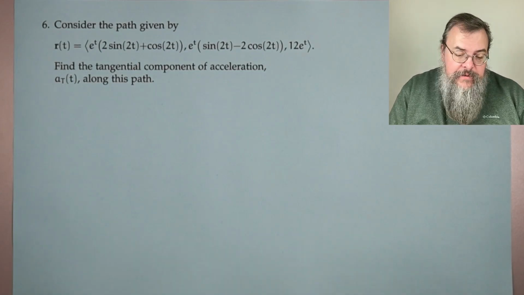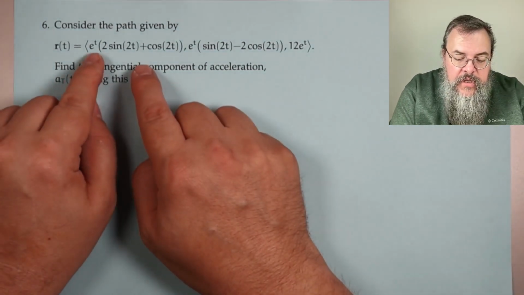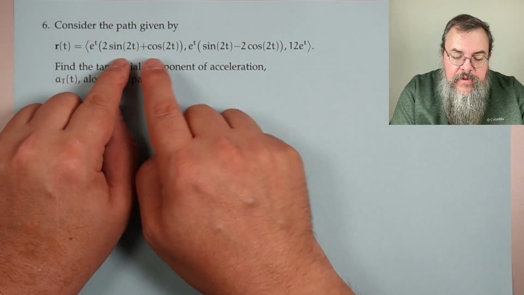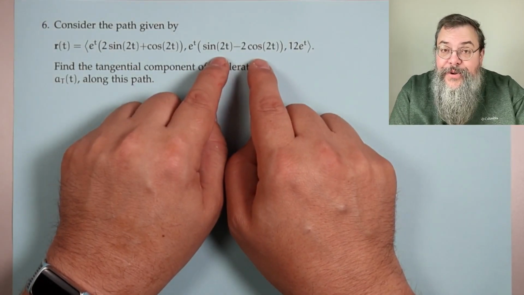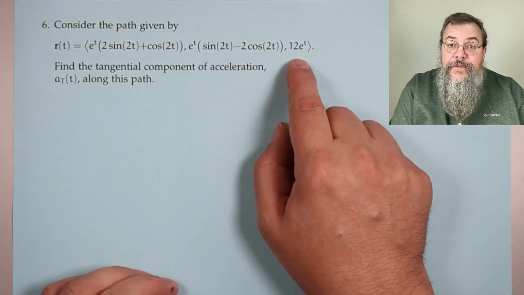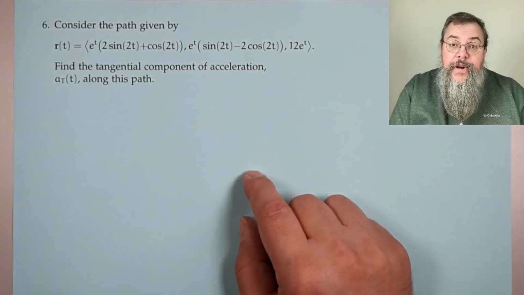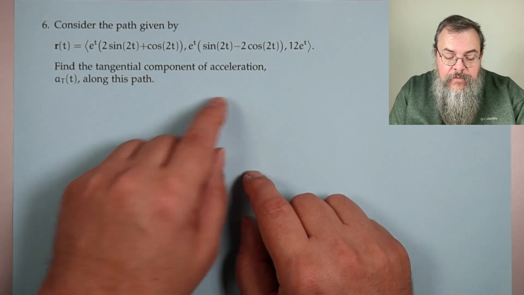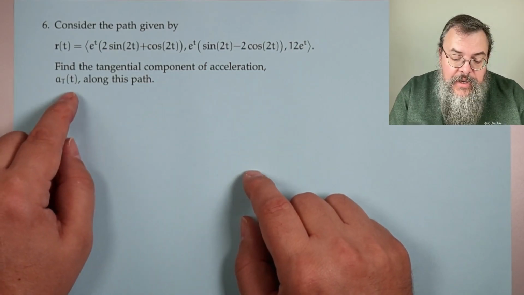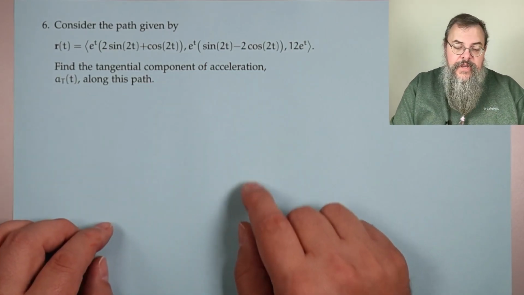Consider the path given by r of t, e to the t, 2 sine 2t plus cosine 2t, e to the t sine 2t minus 2 cosine 2t, and 12e to the t. We're asked, find the tangential component of acceleration, this a sub t of t, along this path.